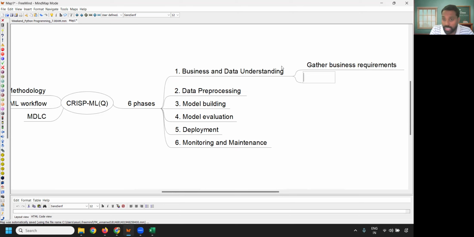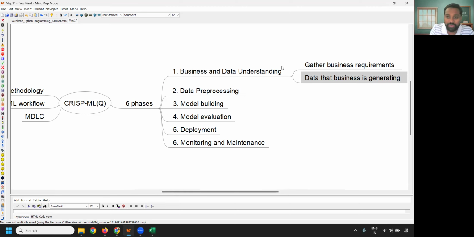Then we need to try and understand what is the data that business is generating. But this is not the ultimate data that we will be using, because data might be generated in different scenarios by different processes, different touch points would be there, right? All the data may not be relevant to the problem statement that we are trying to solve.